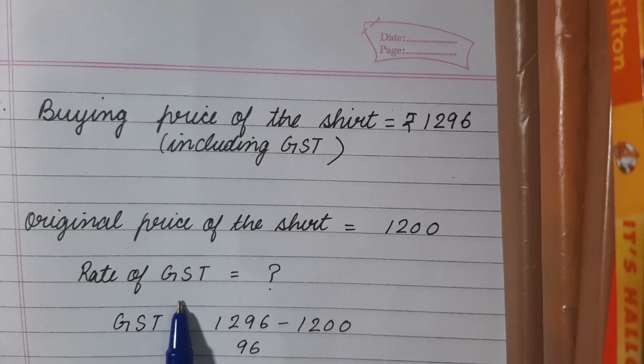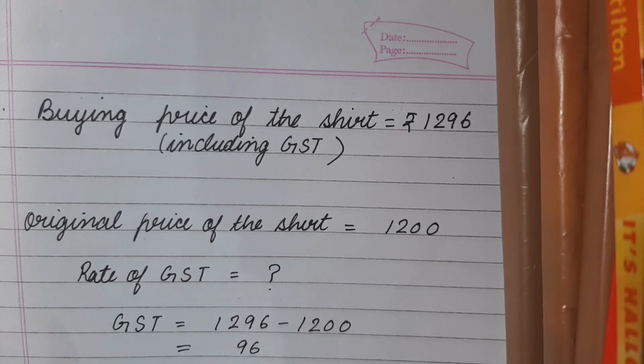Whenever we have to find the rate of profit, we first subtract selling price minus cost price to get the profit. Then profit upon cost price into 100 gives the rate of profit.